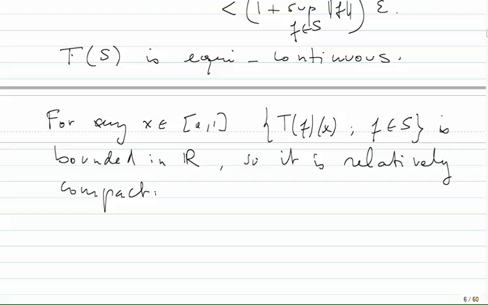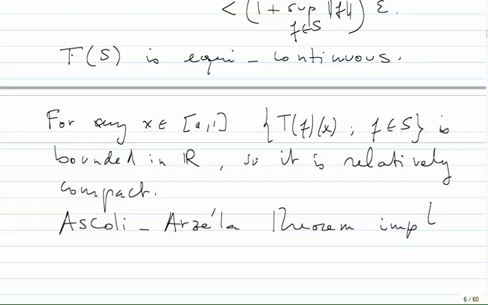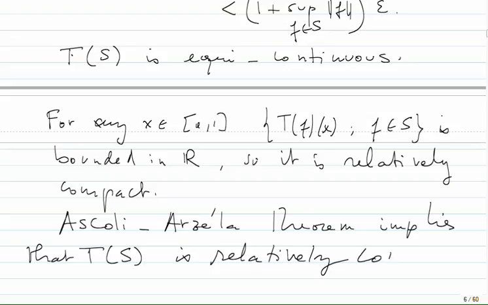So now the Ascoli-Arzela theorem implies that T of S is relatively compact, and this is exactly what we want. So you have an example, a beautiful example of a compact linear operator.